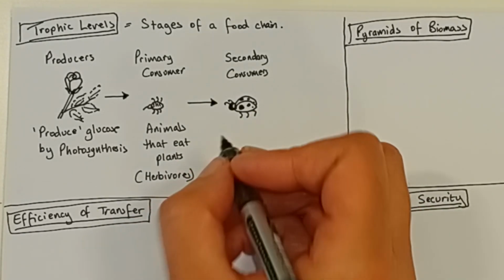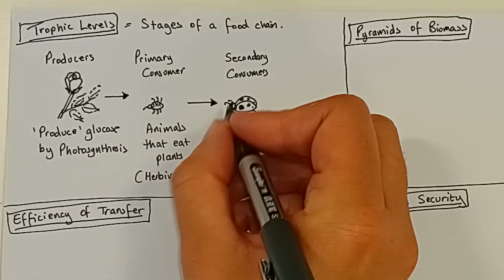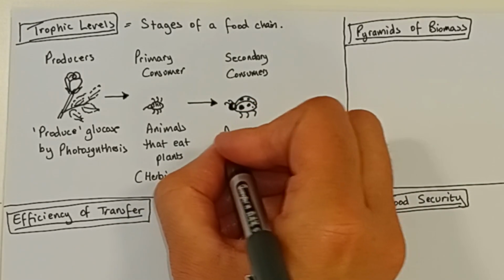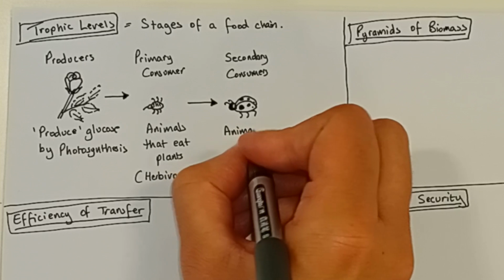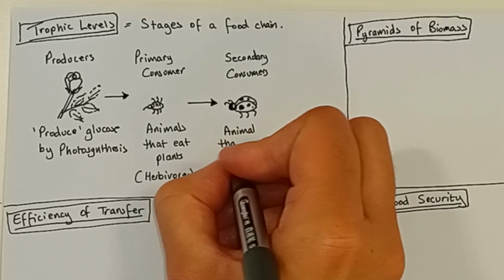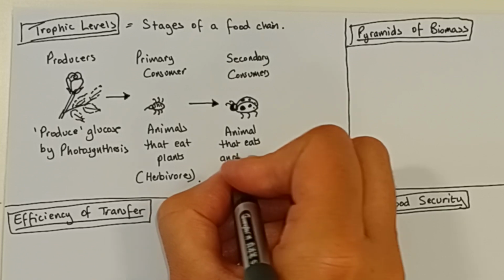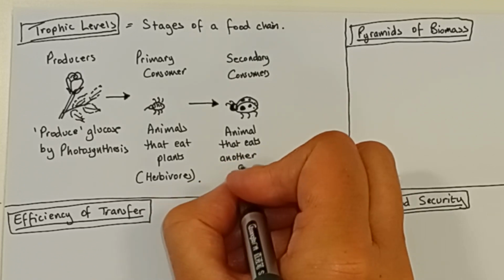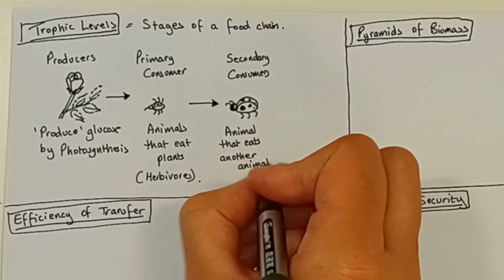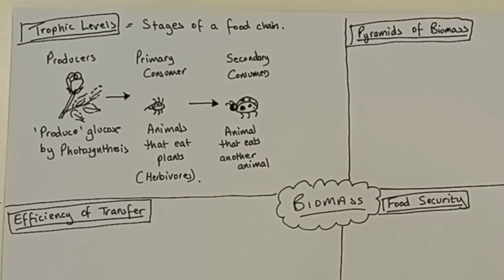So they are an animal that eats another animal. They are a secondary consumer. We could also call them carnivores, sometimes omnivores if they also eat plants.